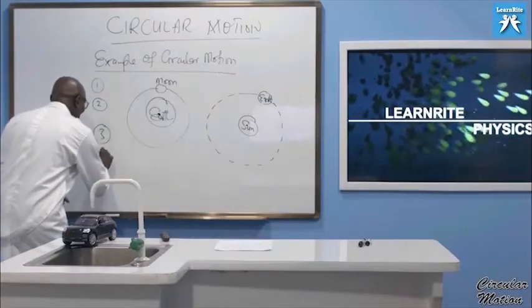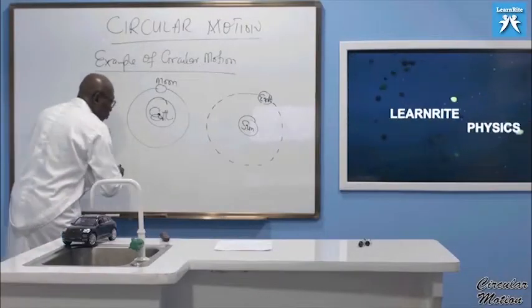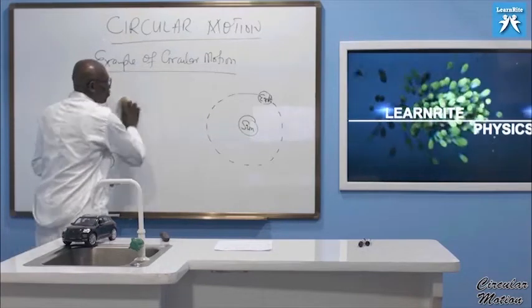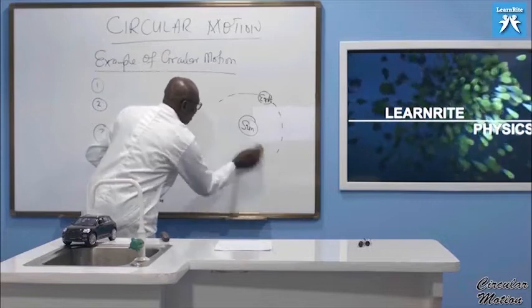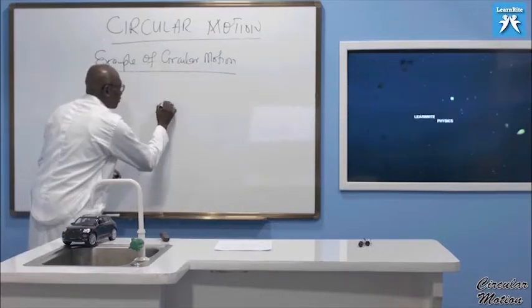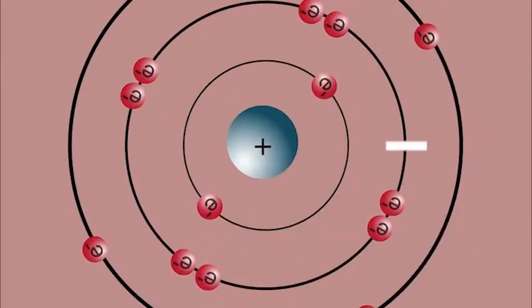The fourth example has to do with the structure of an atom. We all know that the atom has a nucleus, and then surrounding the nucleus we have electrons. I'm going to take just one of them. So I have an electron, this one.